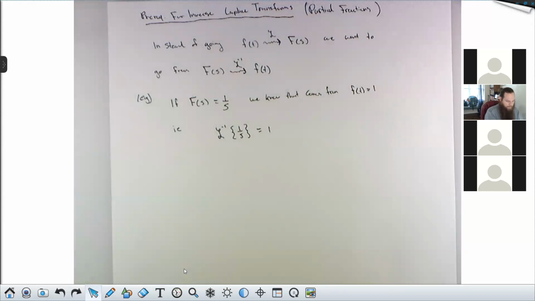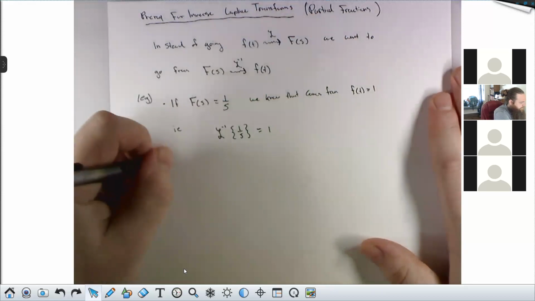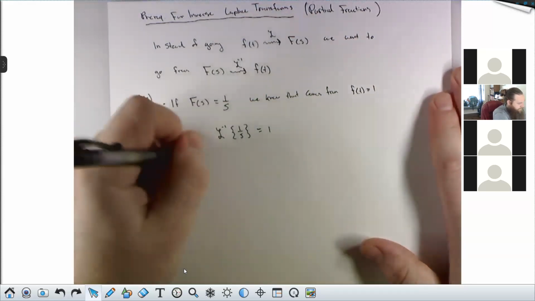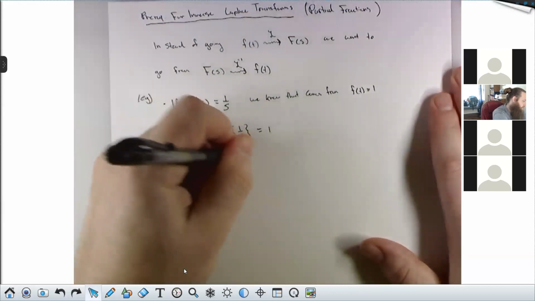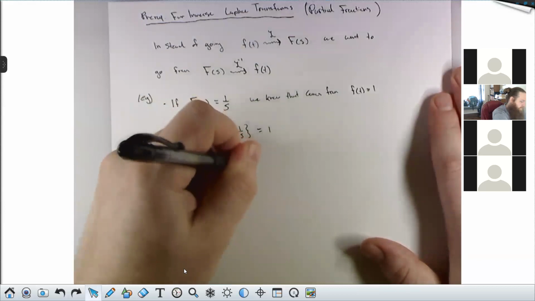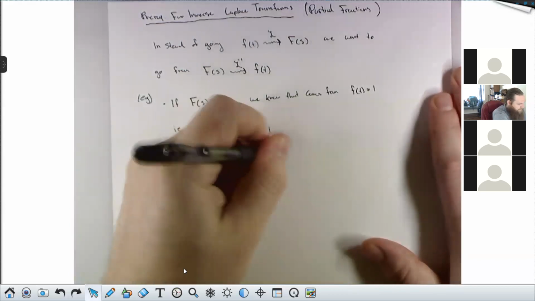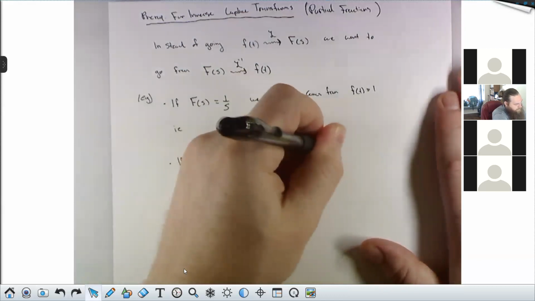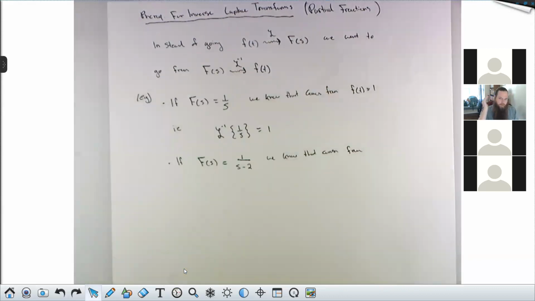Let's try another one. If F of s is 1 over s minus 2, we know that comes from, remember the Laplace transform of e to the at is 1 over s minus a.